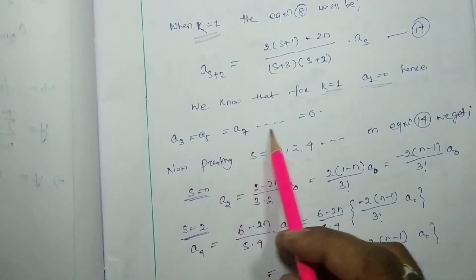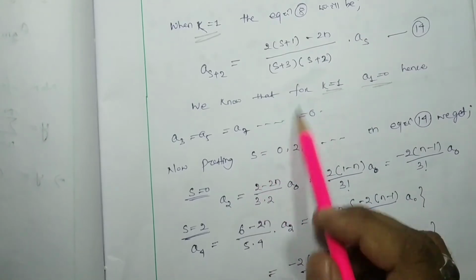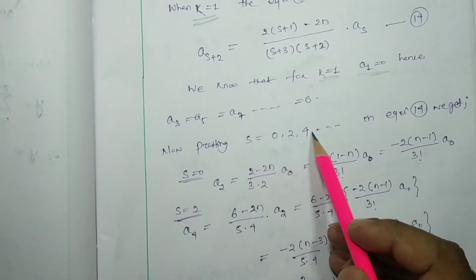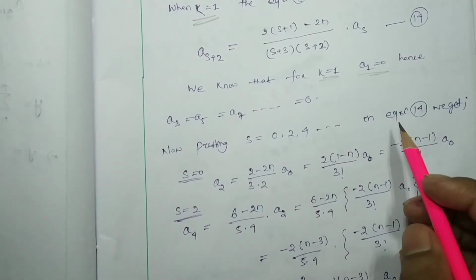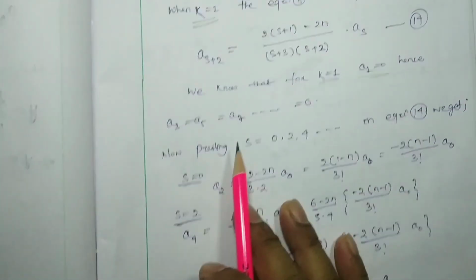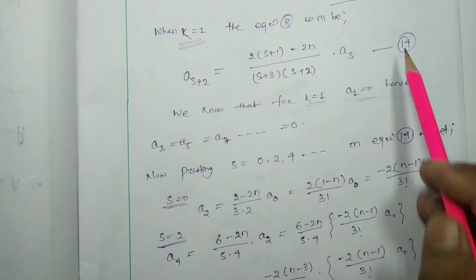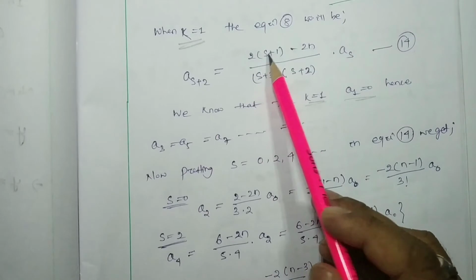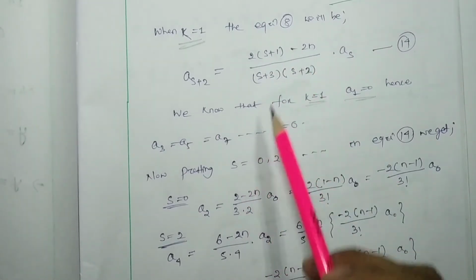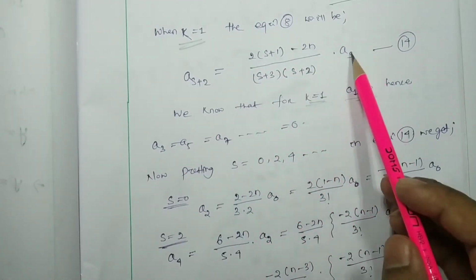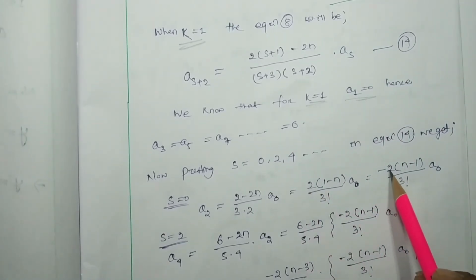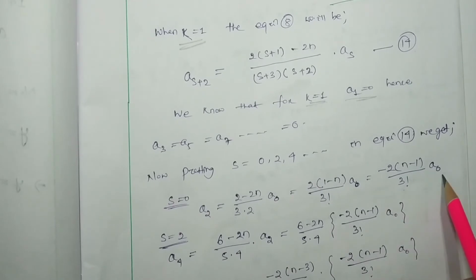Now we put s equal to 0 to 4 and so on for even terms of a. So s equal to 0 in equation number 14: a2 will be 2 minus 2n by 3 into 2 into a0. If we take minus 2 common, then n minus 1 by 3 factorial into a0.